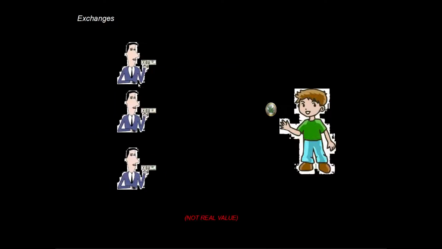Let's say these guys want to buy one cannabis coin for $1 a piece. So he can then trade his coins for cannabis coins and then send those cannabis coins over to these guys for $1 per coin.